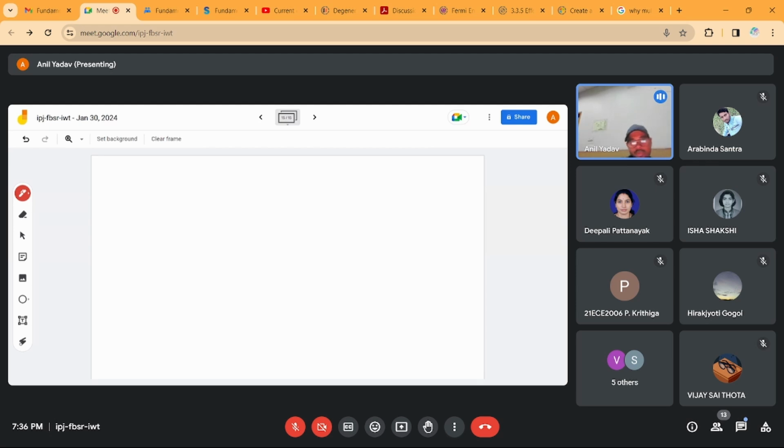So the probability of finding an electron at any energy level E is f of E.